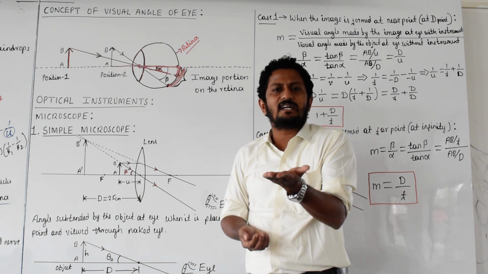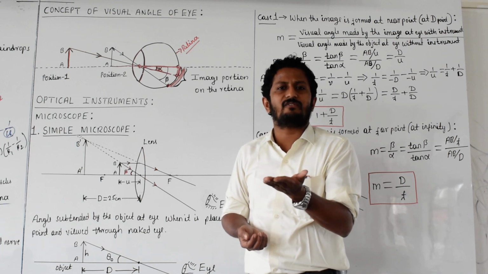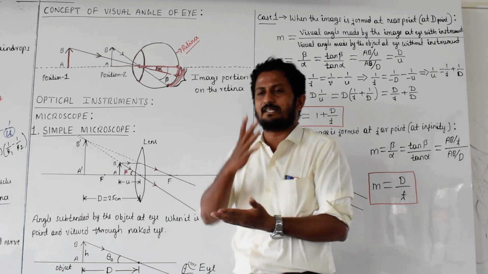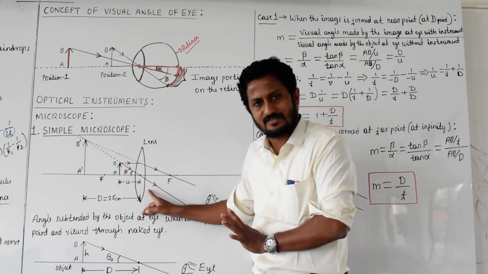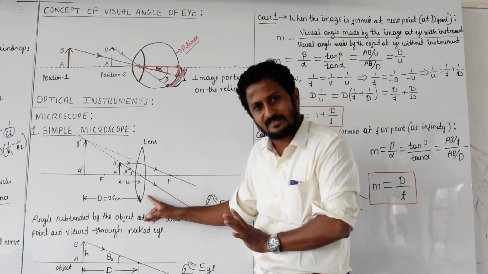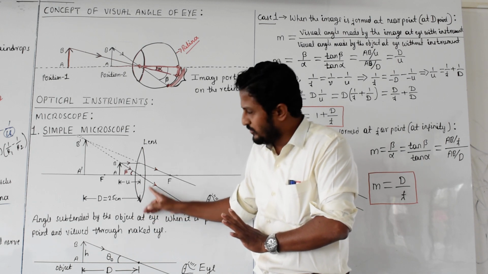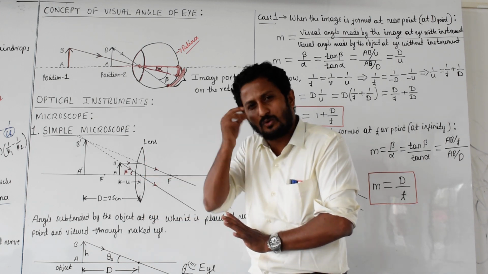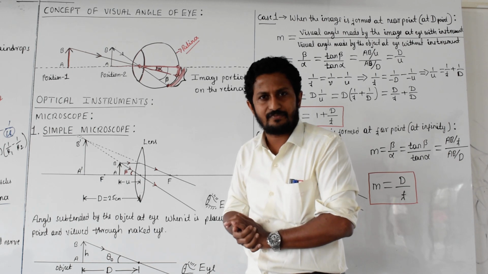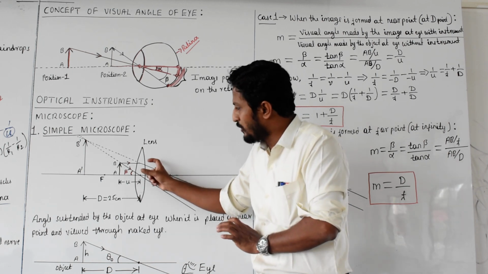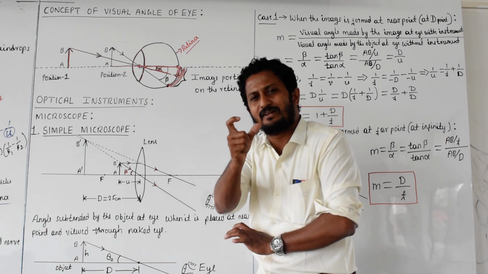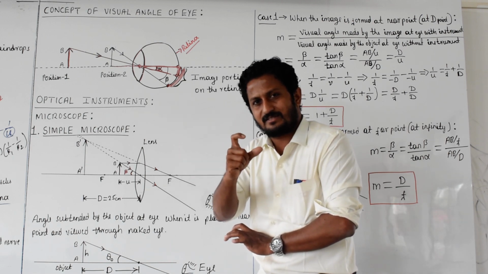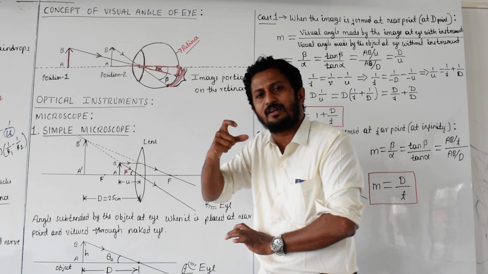See here what I mean to say. You have to take that lens very close to your eye first. You are holding it in front of your eye like that. This is one simple biconvex lens, near to your eye.